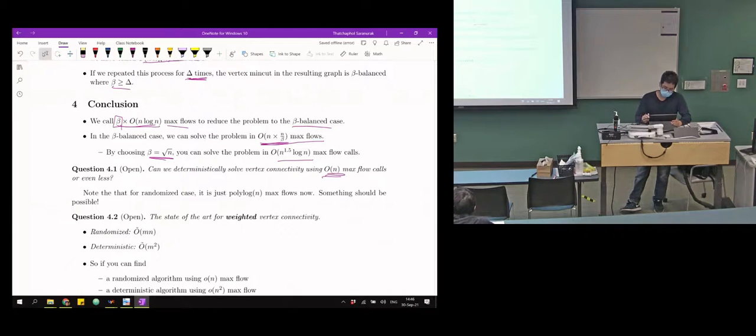For the randomized case, it's so far much faster, so I think something should be possible for the deterministic case. The gap shouldn't be this large. It's strange.